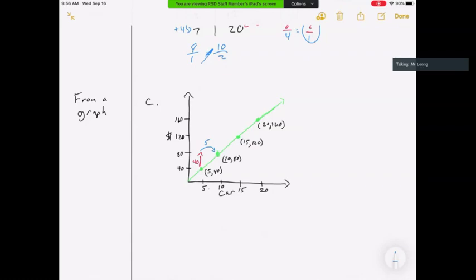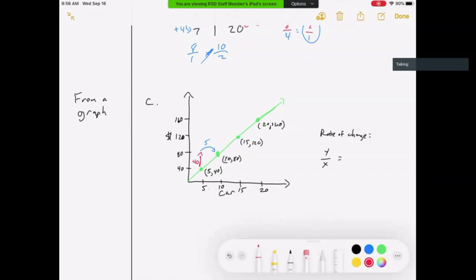So our rate of change, remember, our rate of change is change in y over x, is 40 over 5, or 8 over 1. We already knew that. Did we already know that?